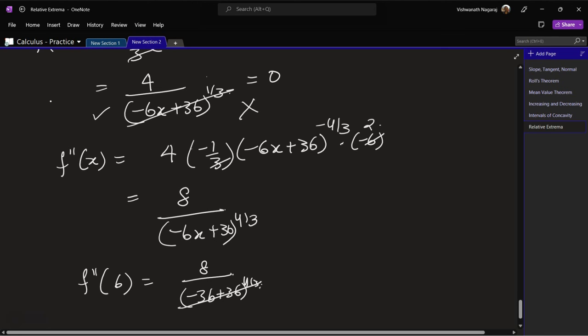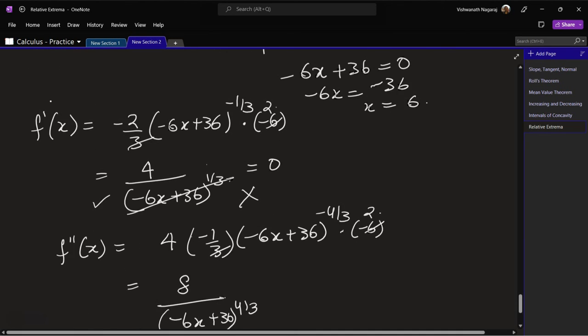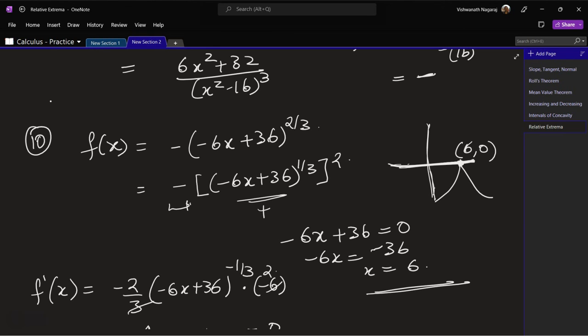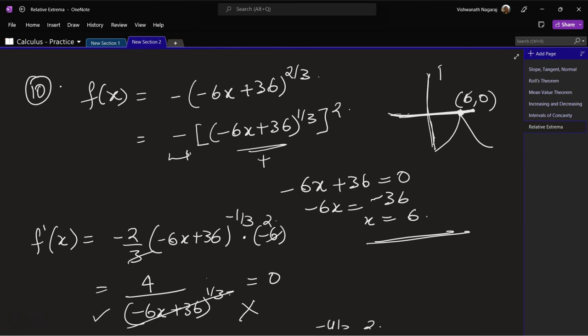So what happens? This denominator becomes 0. So it becomes a little bit tricky. So in such type of problems, you should be able to figure out this without using derivatives. So this is going to be relative maximum.